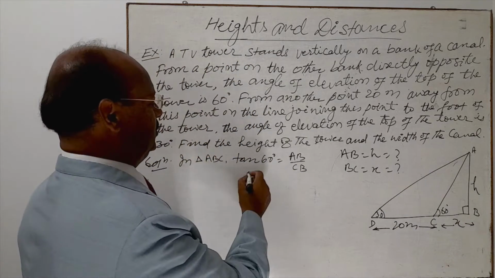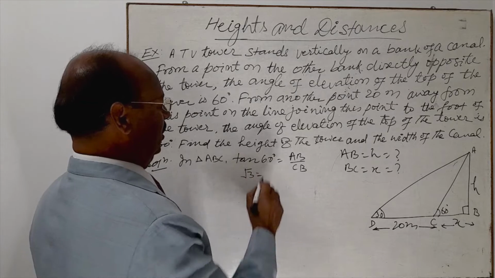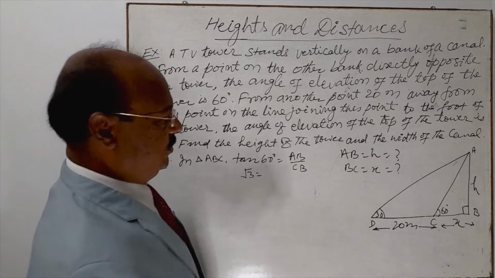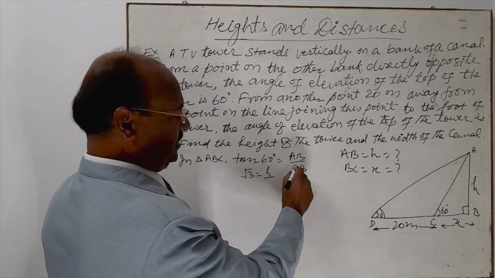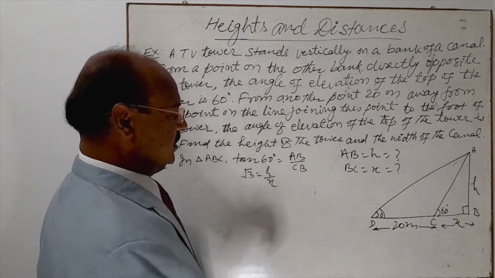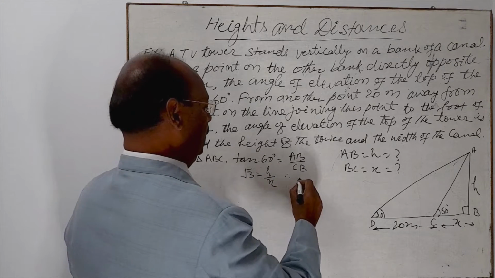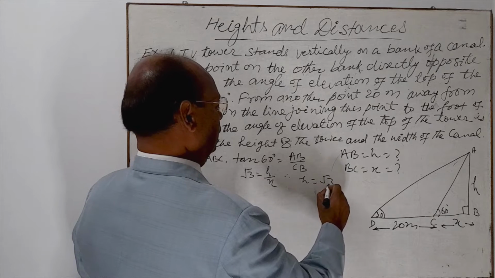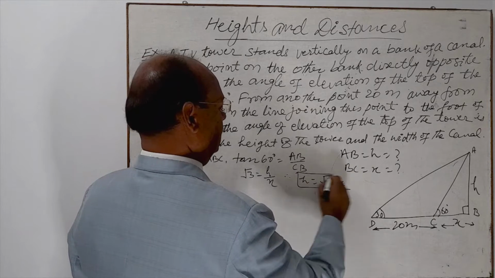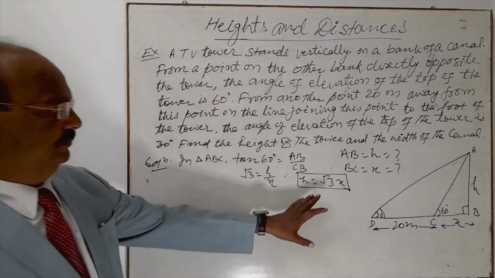And you know tan 60 is root 3. We have supposed AB is equal to H and CB is equal to X. And therefore H is equal to root 3 times of X. We have got this relation here.